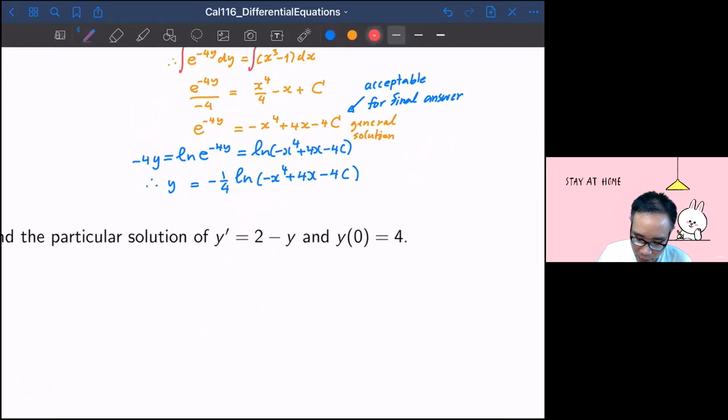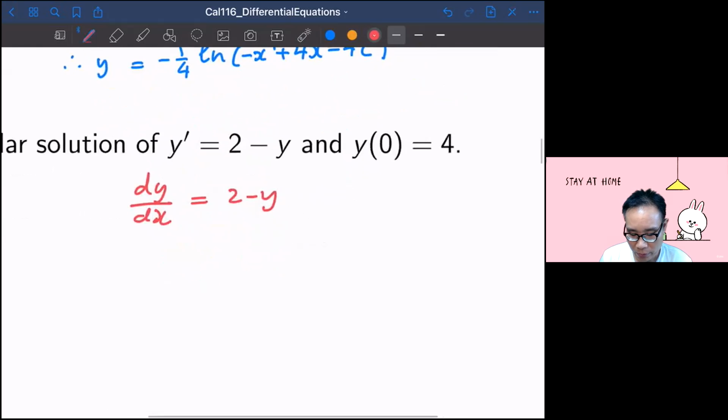So you have dy/dx equal to 2 minus y. Okay, so you have dy/dx equal to 2 minus y, and this will be 1 over 2 minus y dy equal to dx. Okay, and you integrate both sides.